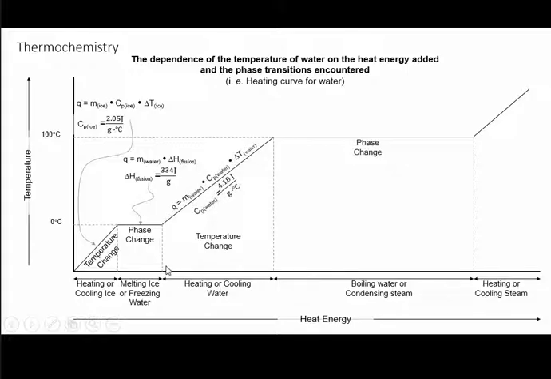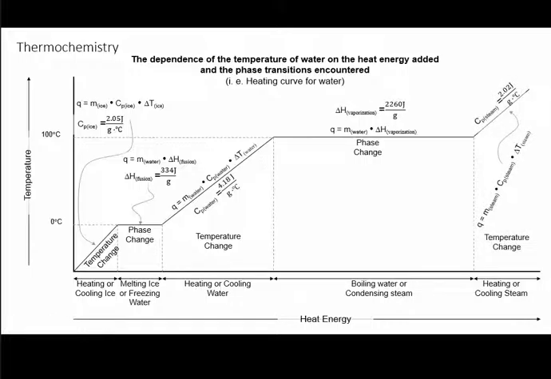So if I'm heating up a sample of water that's frozen, and I want to heat it up until it's steam, and I want to heat it up to some temperature in steam, I've got to calculate the change in energy over this temperature range. I've got to calculate the change in energy while I'm melting it. I've got to calculate the Q, or the heat, when I'm heating up the water.